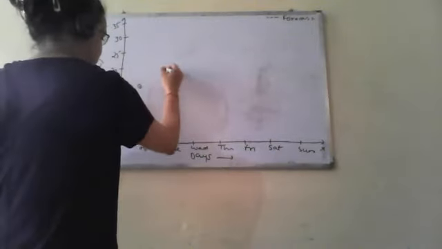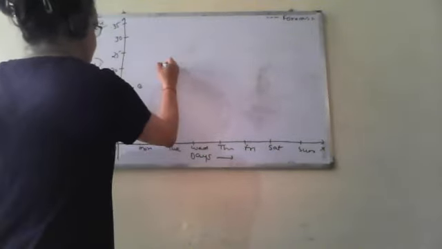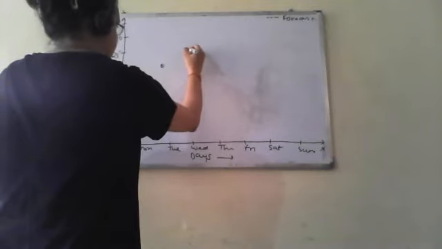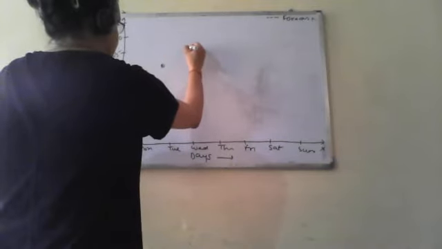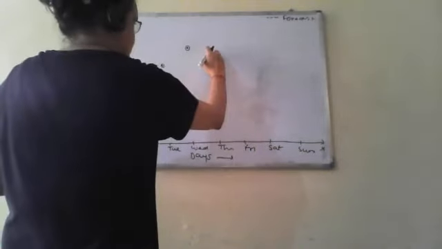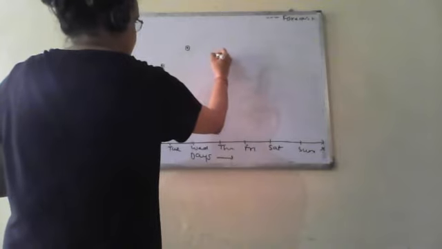Tuesday it is 20. Then it was 25. Then it goes down to 22.5 somewhere.